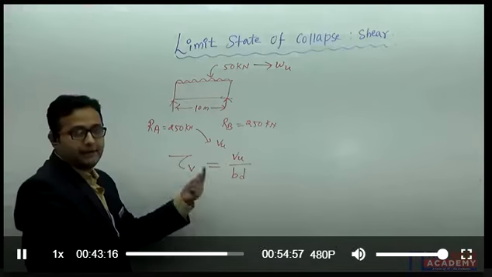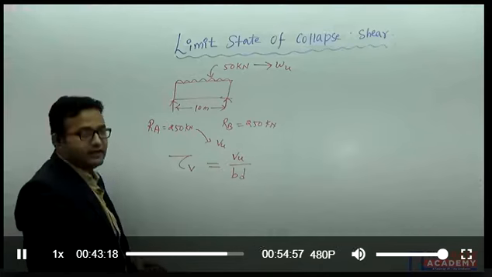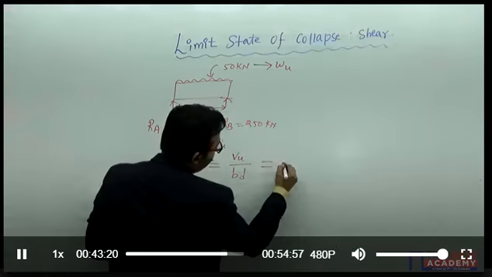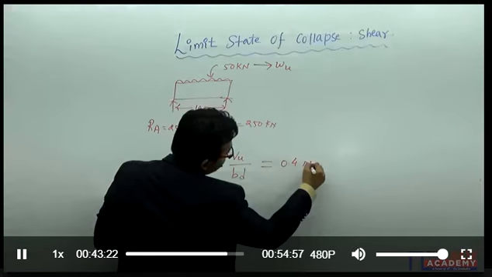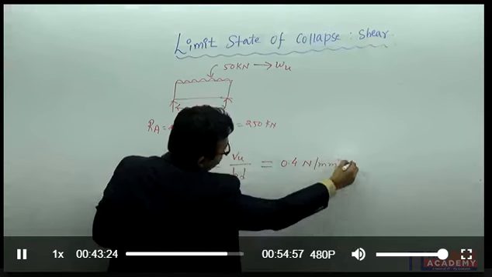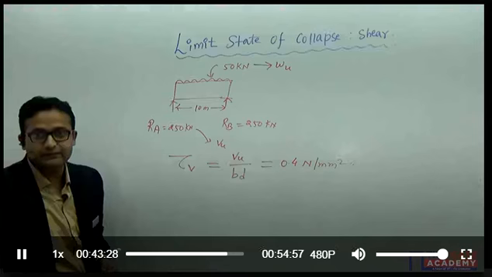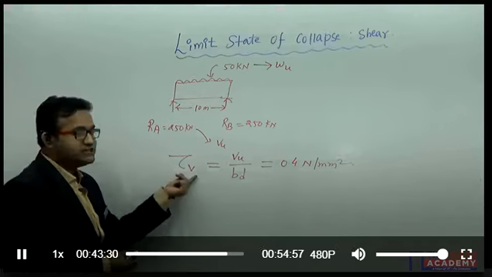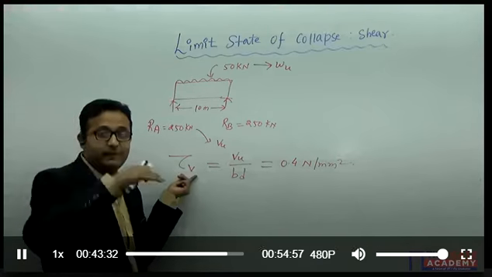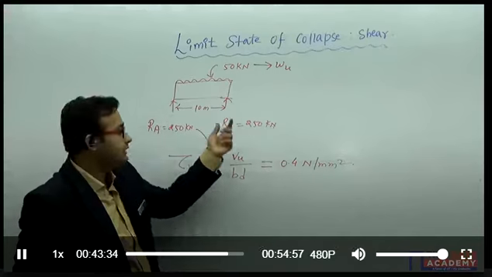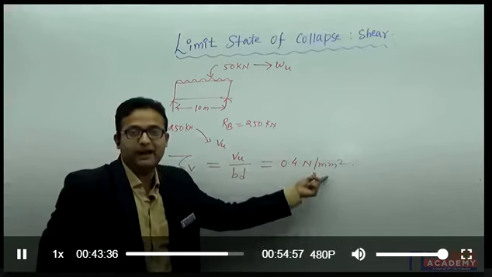Suppose this tau v is equal to 0.4 Newton per mm square. For any particular case, suppose I am getting the nominal shear stress due to the load as 0.4 Newton per mm square.